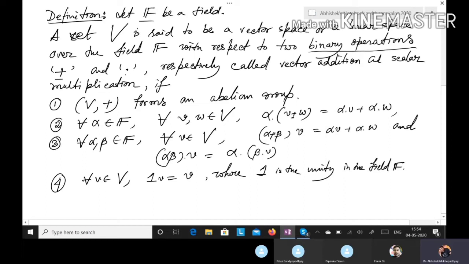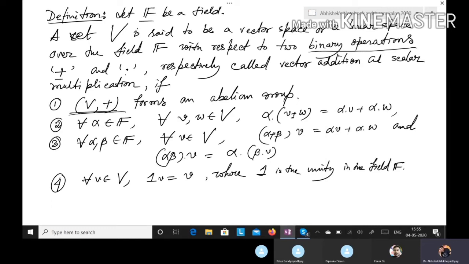That is, first, V plus must be an abelian group. This is an important structure.